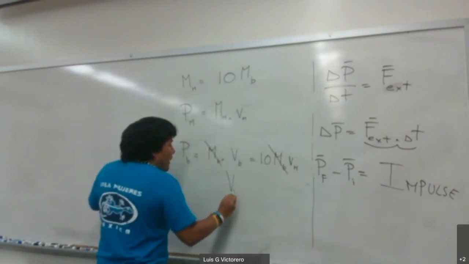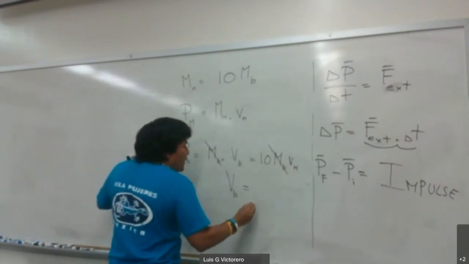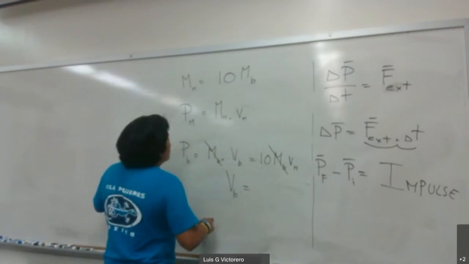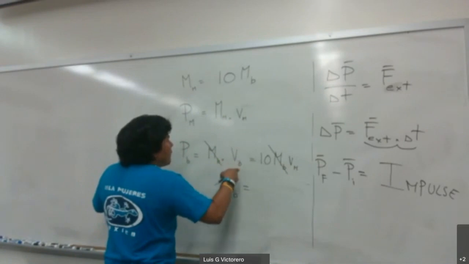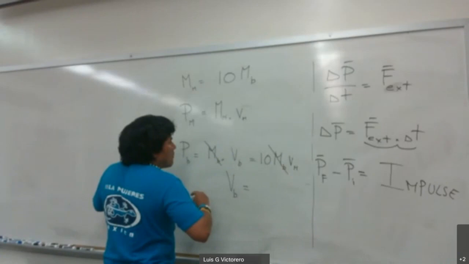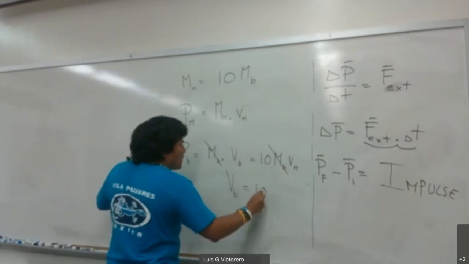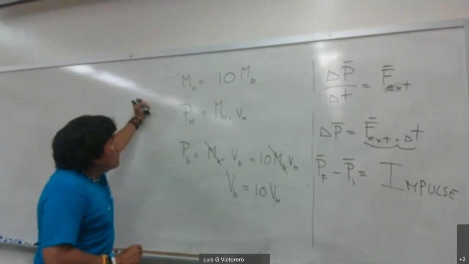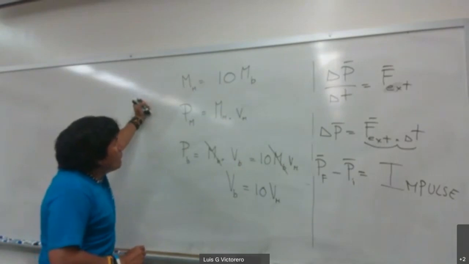So the velocity of the baseball will be... wait, it is in the problem. Mass of the baseball. Oh yeah, that's fine. 10 times the velocity of the medicine ball.